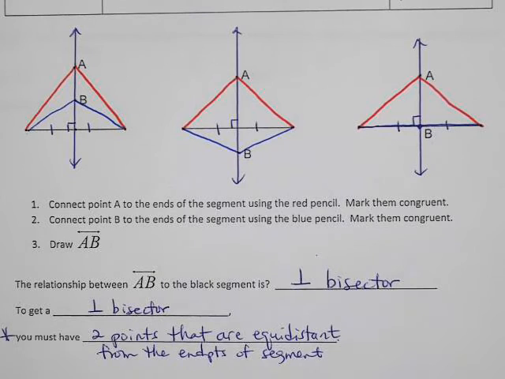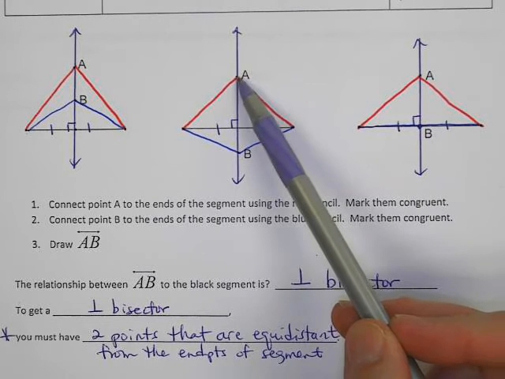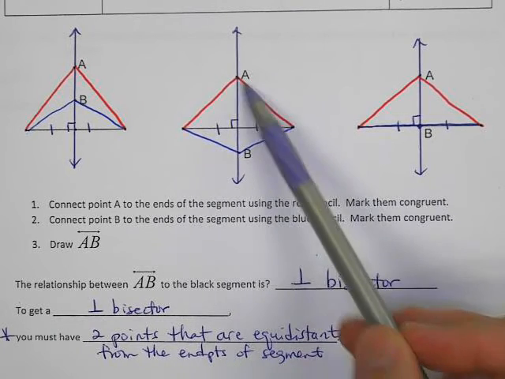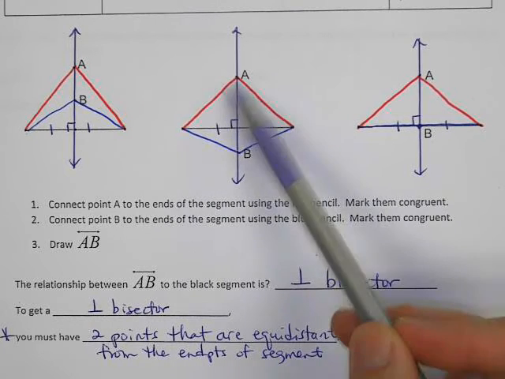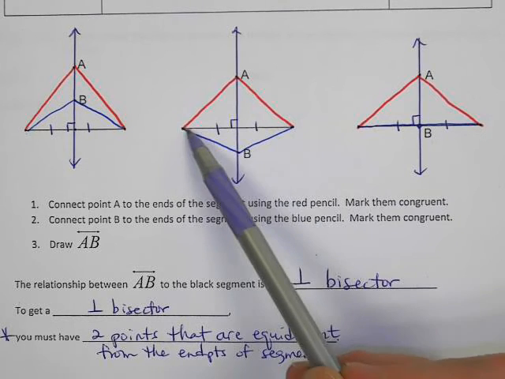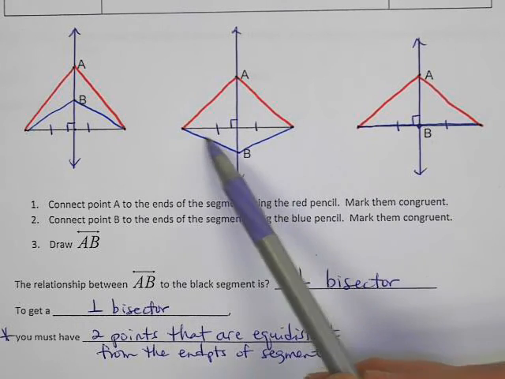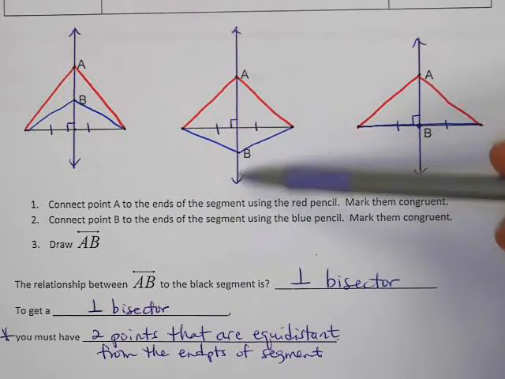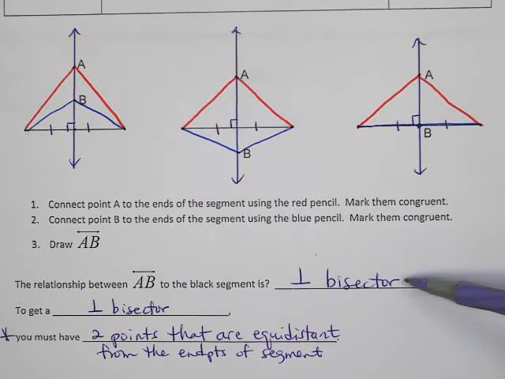Looking at your pictures, for example here, this point is equidistant from this endpoint and from this endpoint, because these two red distances are equal. And point B is equidistant from the endpoints of the segment, because this distance is equal to this distance. If you have two of those points, together they form the perpendicular bisector.